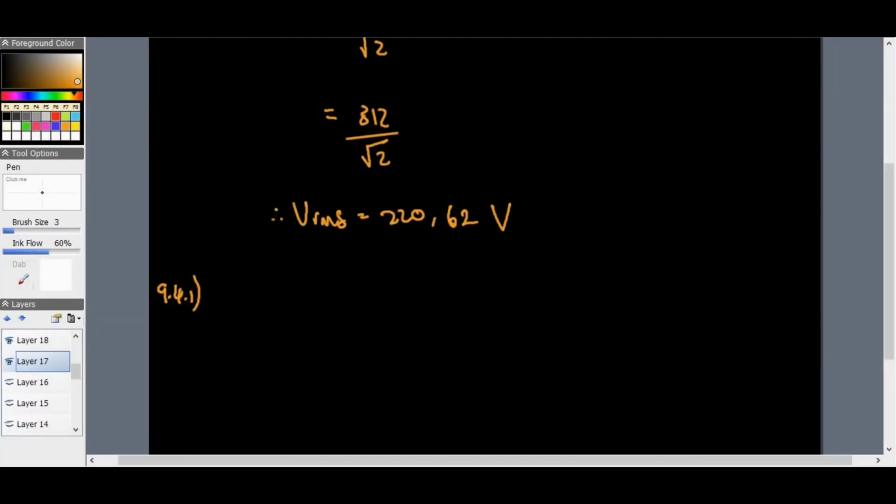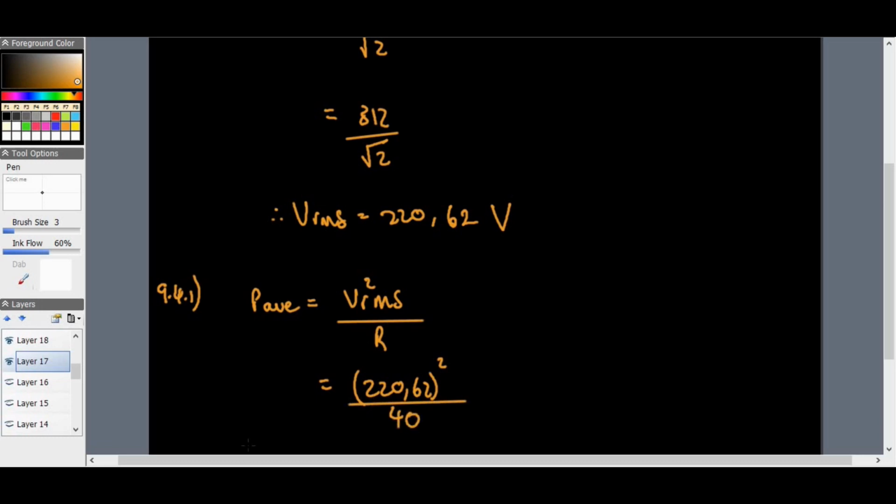Now we can actually do more than one method to accomplish this. We could use the simple formula, which is P average is equal to Vrms squared divided by the resistance of the device. We've got the RMS value, so let's just take 220,62 and square it, and let's divide it by the resistance of the device, in this case 40.